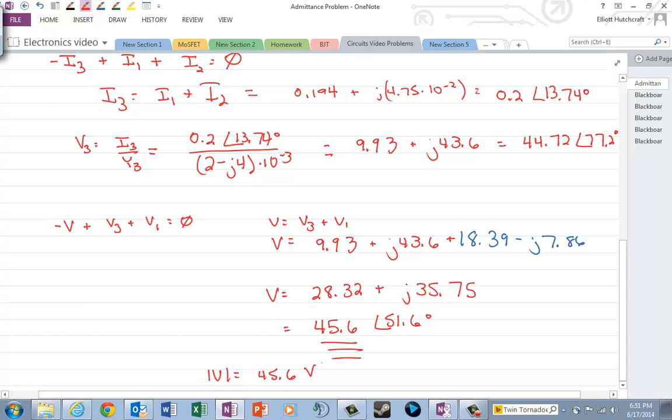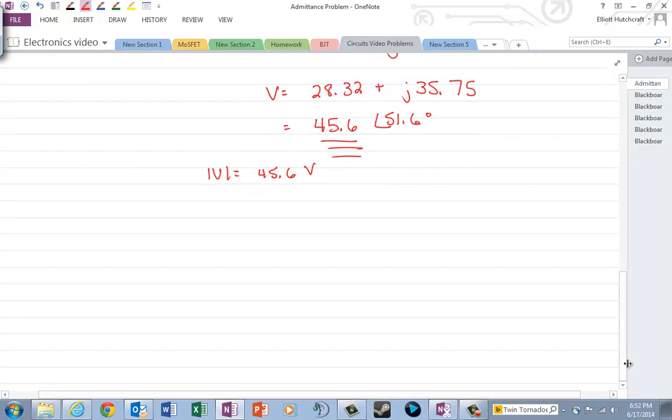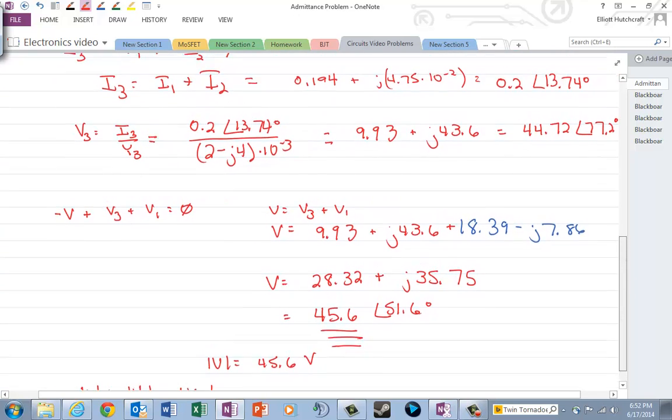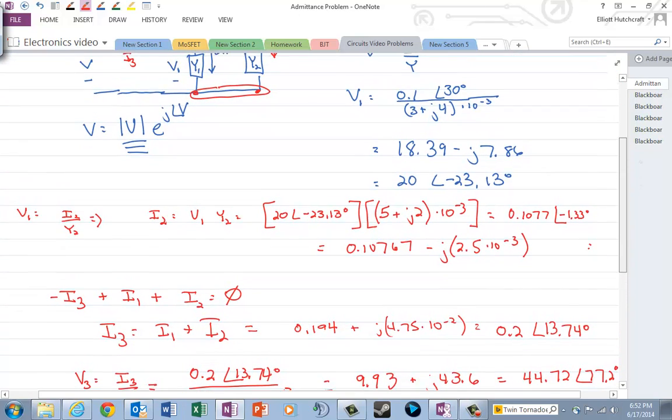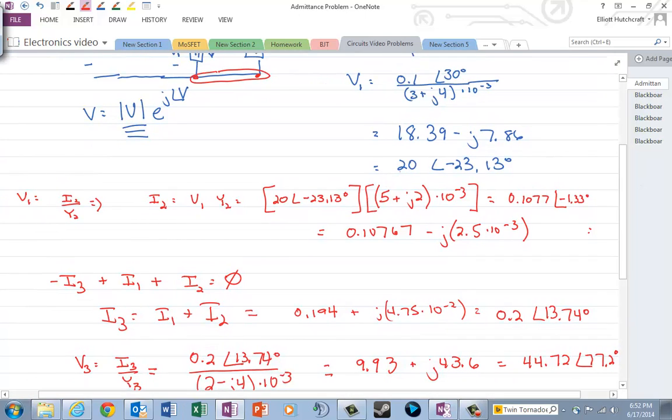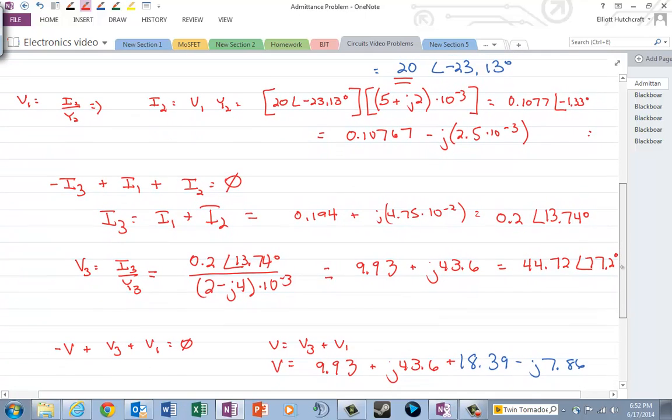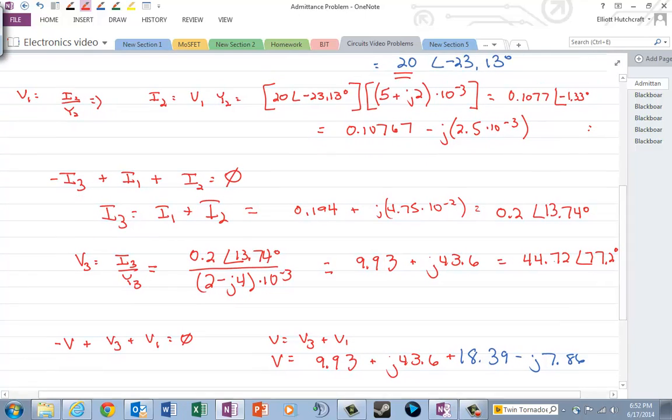One other thing I should point out here: you might think that you could say the magnitude of V is equal to the magnitude of V1 plus the magnitude of V3. We'll look at that. The magnitude of V1 is 20; we calculated that right there. The magnitude of V3 is 44.72.